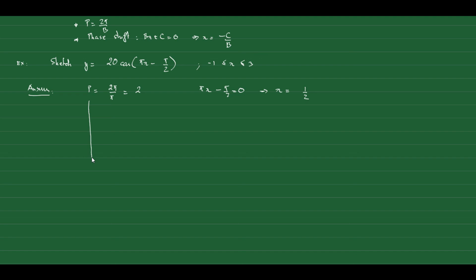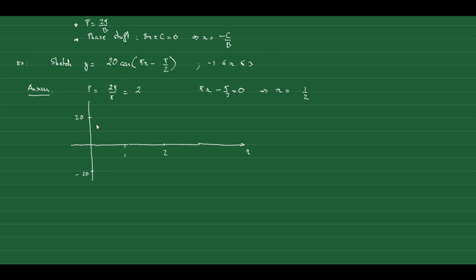So first of all, we always start with the parent function when the period is 2. So this x over here, this is 2, and this is 1 right here. The amplitude is 20, so I can mark over here 20 and over here negative 20. Now we're gonna do the cosine.